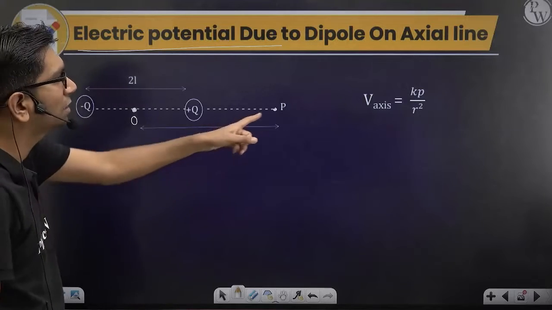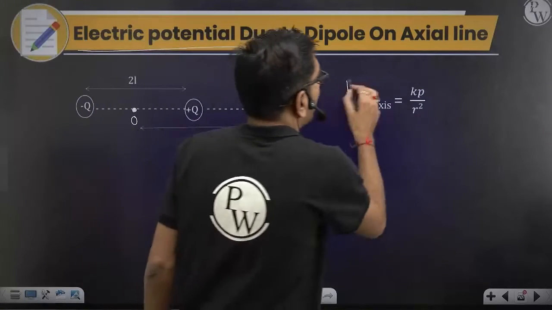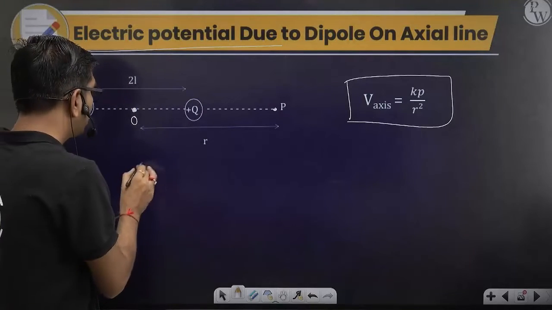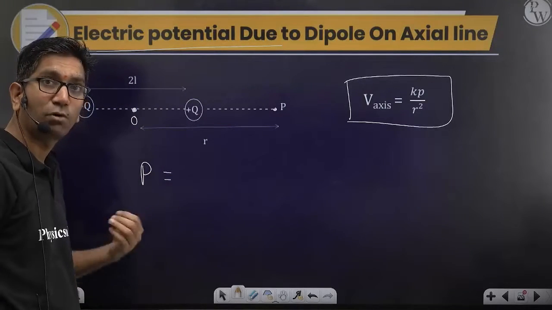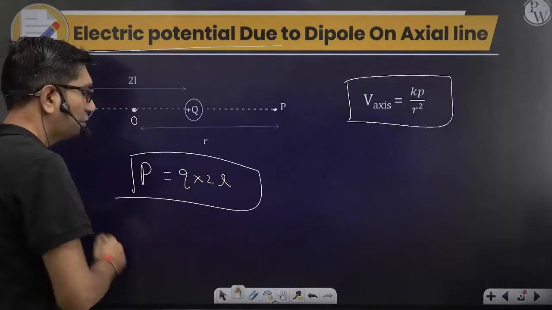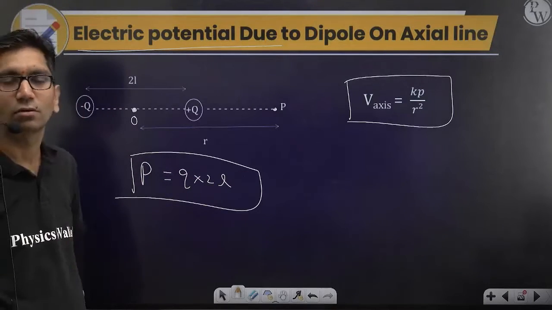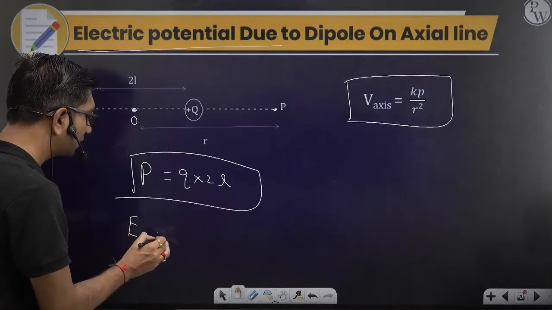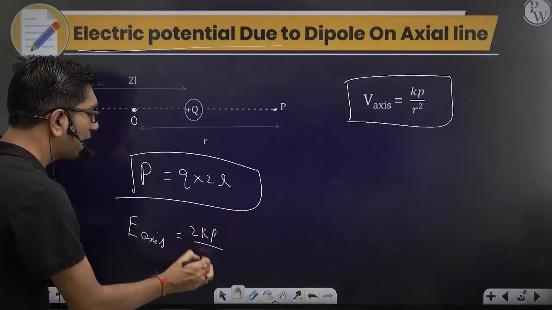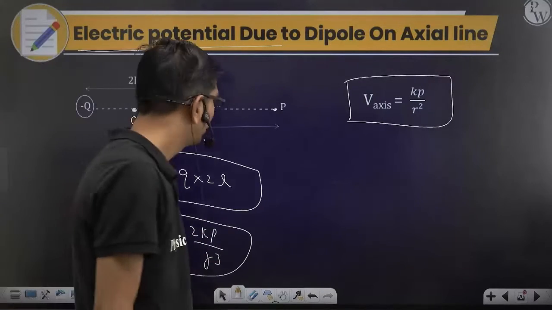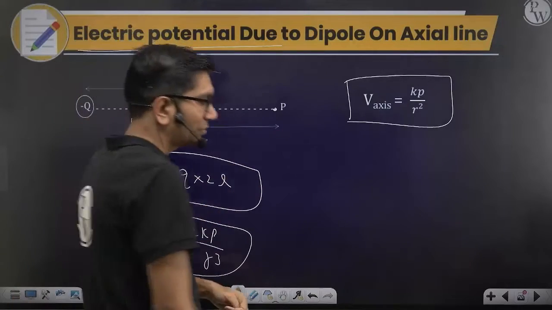On the axis, what is the formula you will get? Kp by r square, where p indicates the dipole moment, Q into 2L. Electric field intensity on the axis, you got 2Kp by r cube in the last class. So potential is Kp by r square.